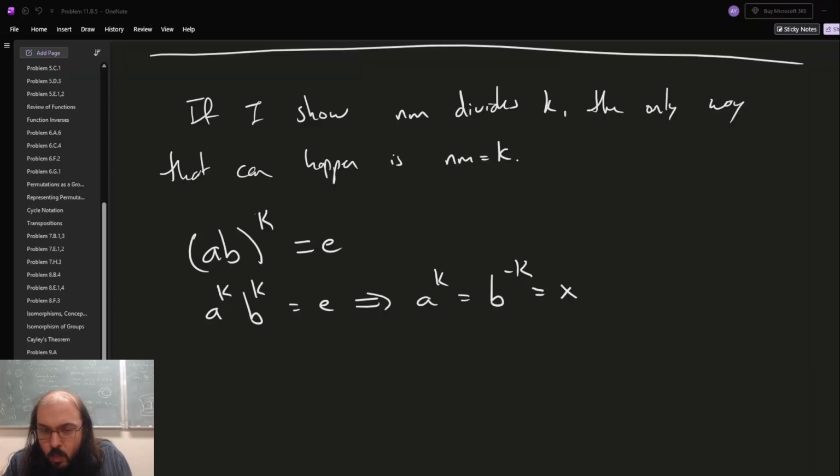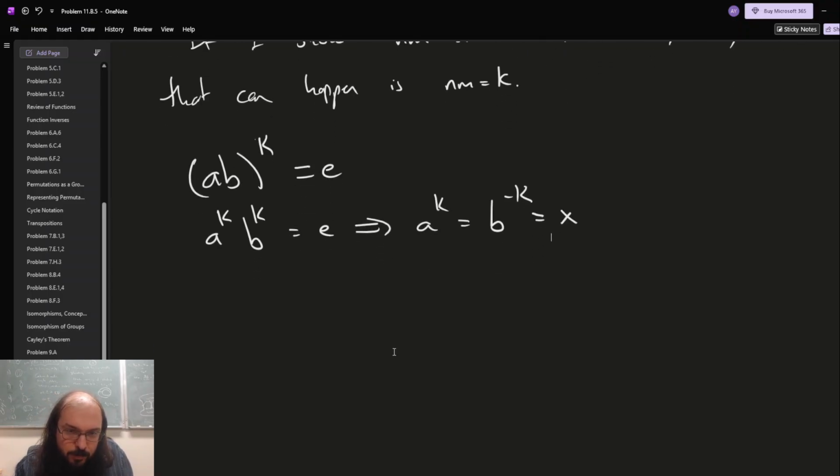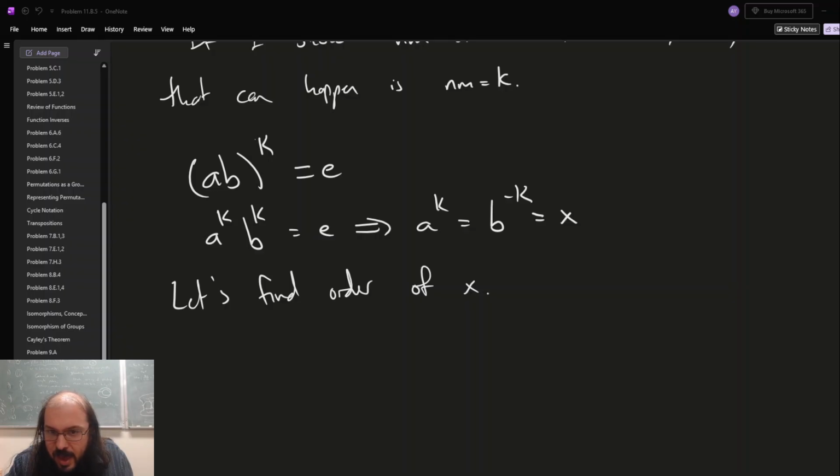So, what is the order of this X? That's the question. So, since X is equal to A to the K, then the order of X.